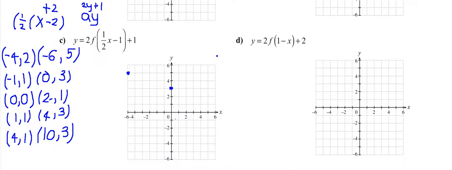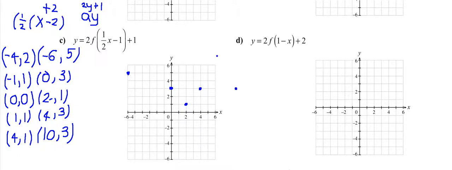Next one is 2 and 1. Our next one is 4 and 3. And 10 and 3, which is approximately right here.